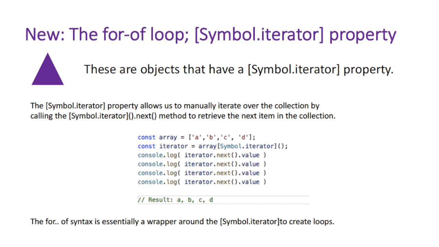You have the array, you have const iterator equals array[Symbol.iterator](), and then when you console log the iterator.next().value, you get, as a result, A, B, C, D. So that means that it can be iterated using this property. So the for...of loop syntax is essentially a wrapper around the Symbol.iterator to create loops.